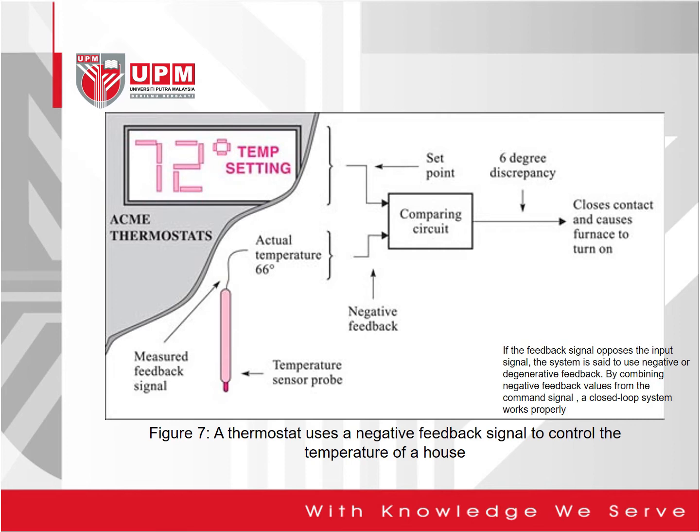Because this is a closed loop system, it needs to compare the set point and the feedback signal. The result of the comparison between the set point signal and the feedback signal will be sent to the controller.